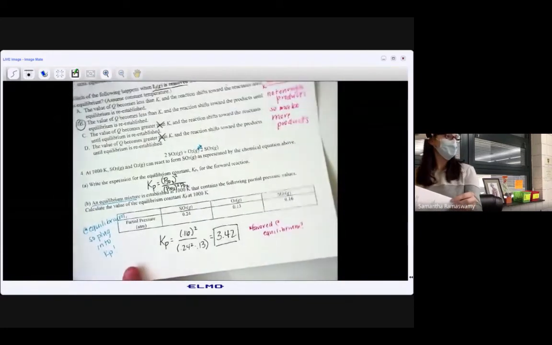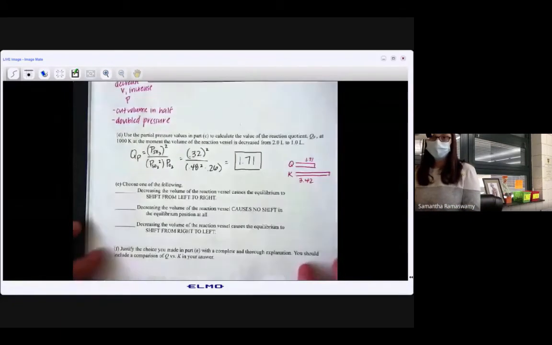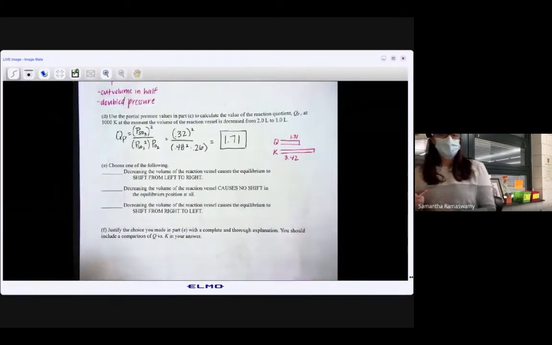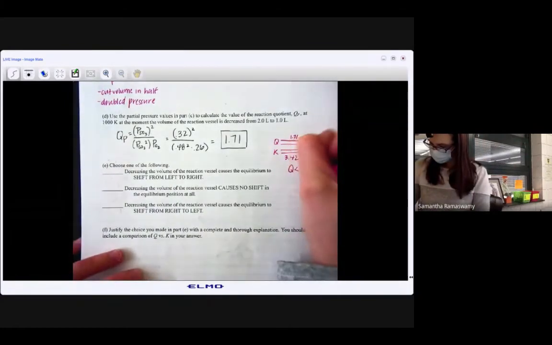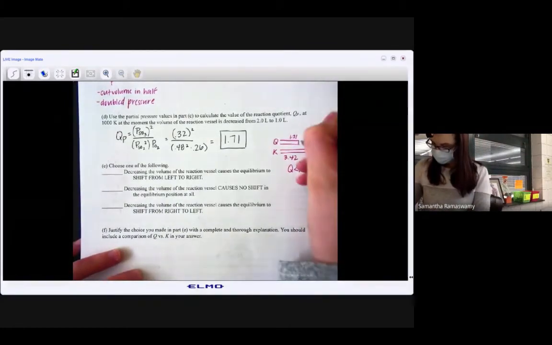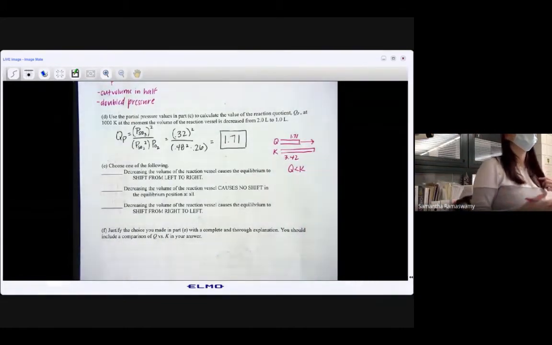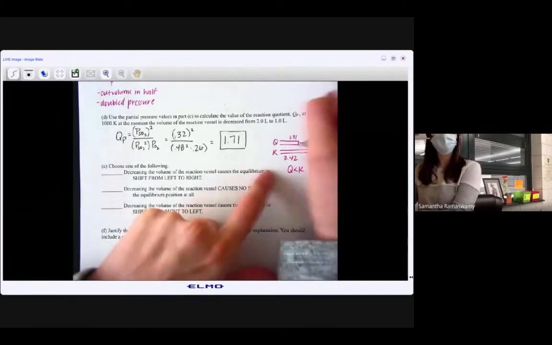All right, so this is all number 4. So this is all going back. Yeah, so K is 3.42. Q is 1.71. So Q is less than K. In order to get Q equal to K, we need to increase Q. So this arrow that I drew tells me which way the reaction will shift.